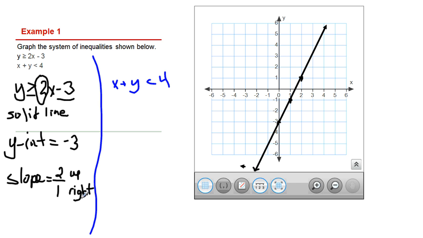We're going to do a test point. So we're going to test this out. Test point at 0, 0. See if this works, which side we need to shade on.